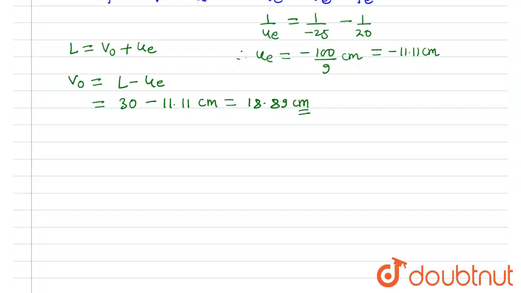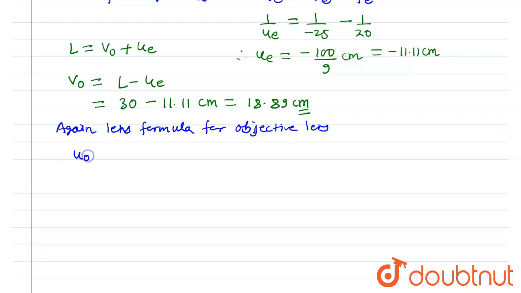So again, the lens formula for the objective lens. 1 upon f equals 1 upon v minus 1 upon u.